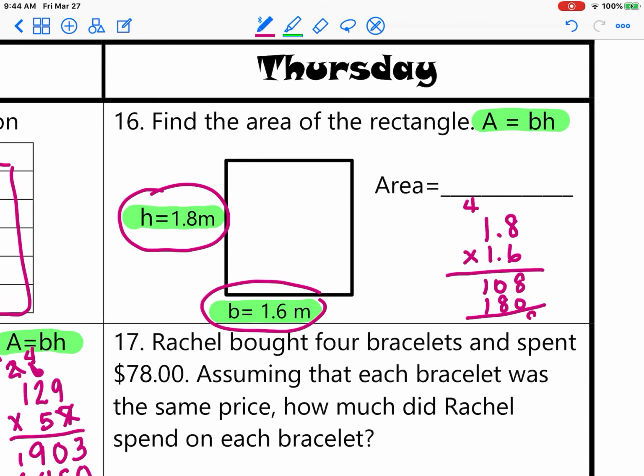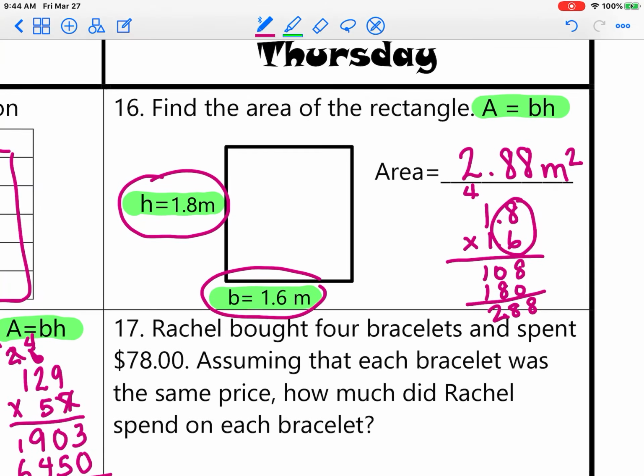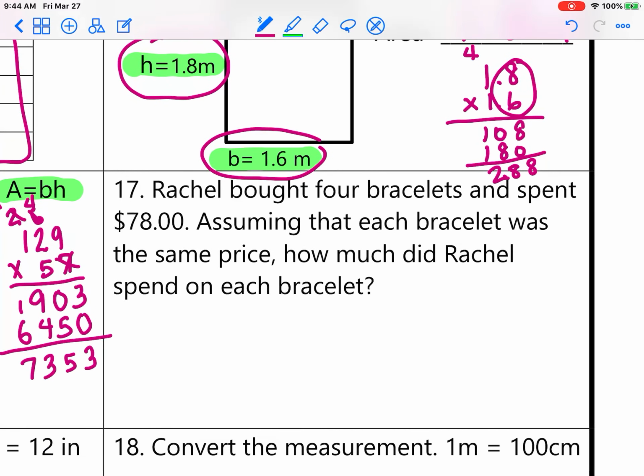And then I add those numbers up together, and I get an 8, and an 8, and a 2. But I have 2 decimal places in my problem, so that means I have 2 decimal places in my answer. The area of this figure is 2 88/100 meters squared. You don't have to put those measurements in the form when you fill out the form. Just put the number 2 88/100 and it'll count it right for you.